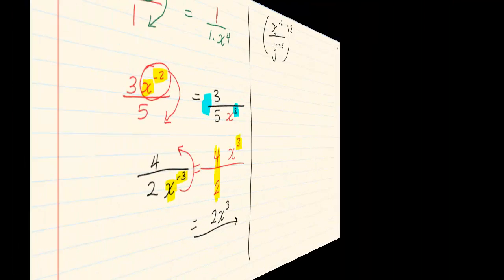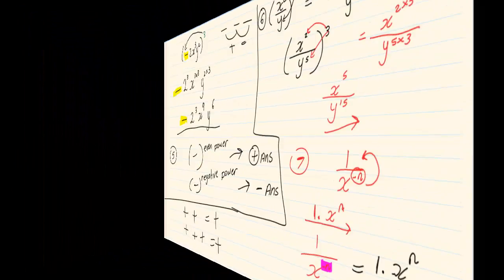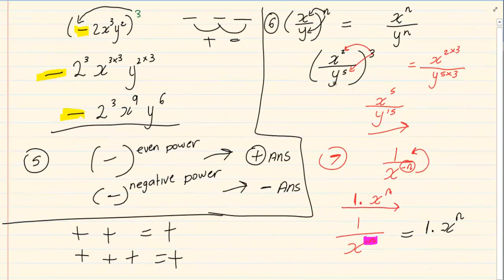So first we're going to apply rule 6, which says x to the power of minus 2 times 3 over y to the power of minus 5 times 3, which will give me x to the power of minus 6 over y to the power of minus 15. So the rule we applied was the specific rule that said the power inside multiplies with the power outside, and you do it to both the top and the bottom of the fraction.